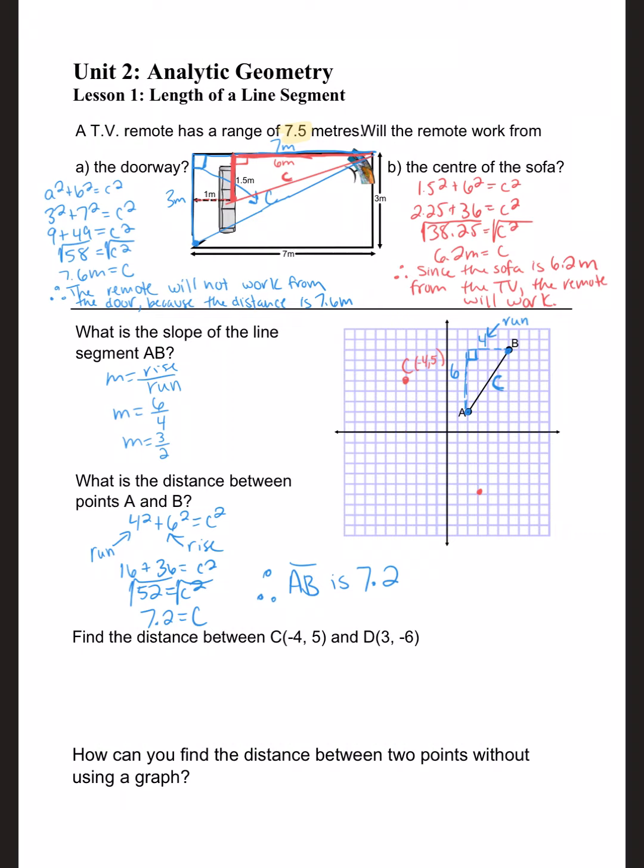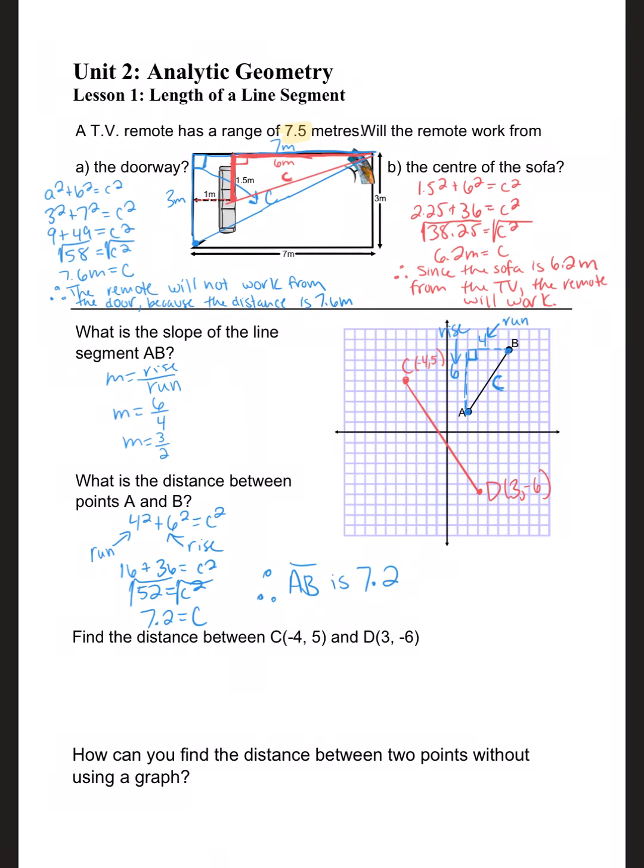Get our ruler. All right, and I'm going to put that rise note back here so it's here. So we have C, and let's label where D was, which was 3, -6. Okay, so it's saying find the distance.